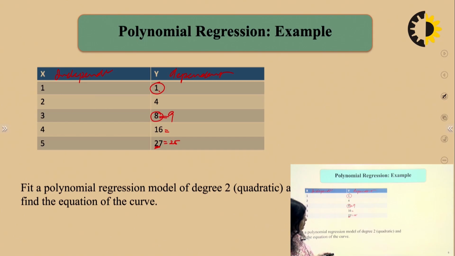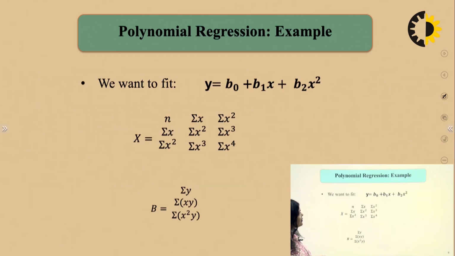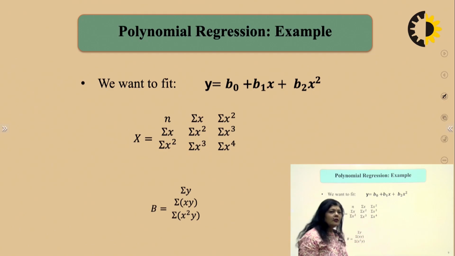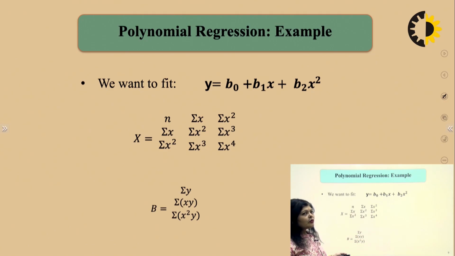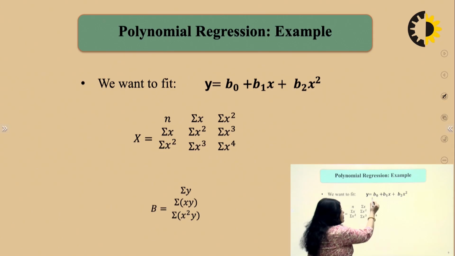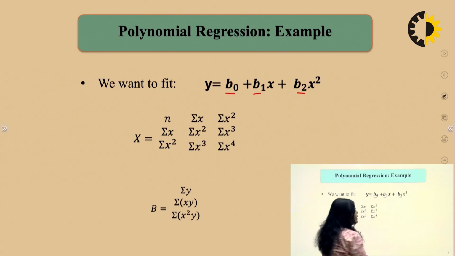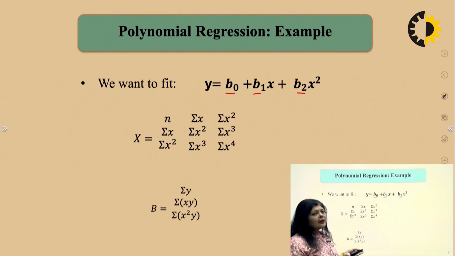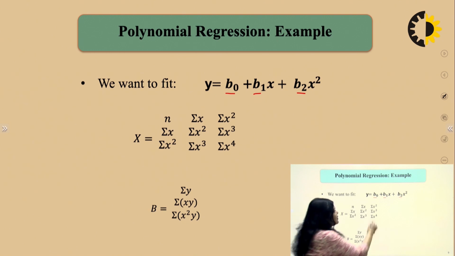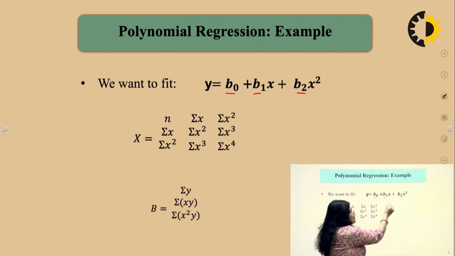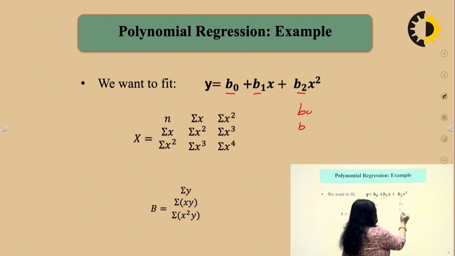So now how are we going to create a polynomial regression model for this given data set? We want to fit this kind of polynomial over the data set here. And how to do it? To do it, I first need to find out the value of these coefficients. As you can see here, we have 3 different coefficients, b0, b1 and b2.